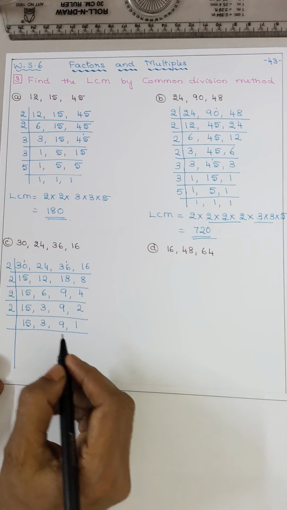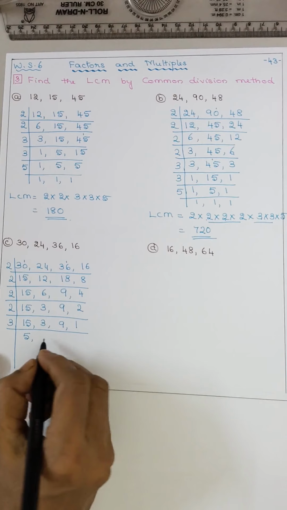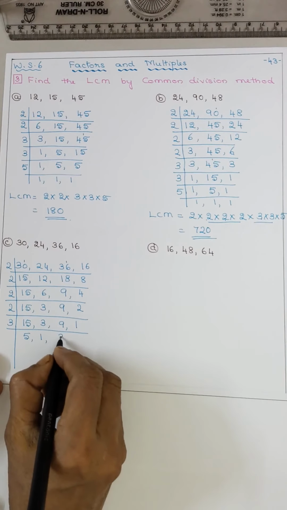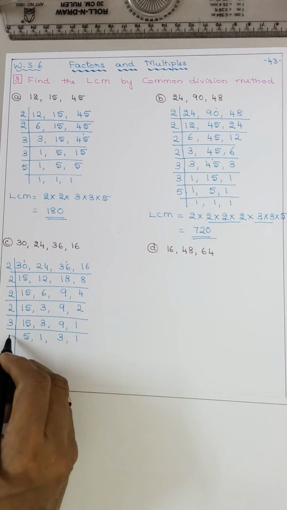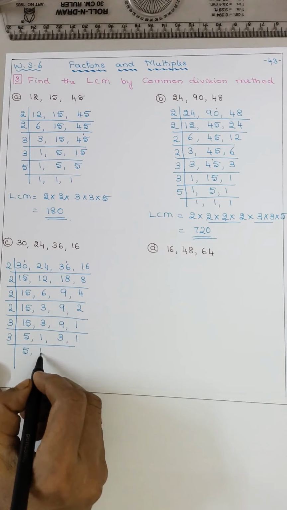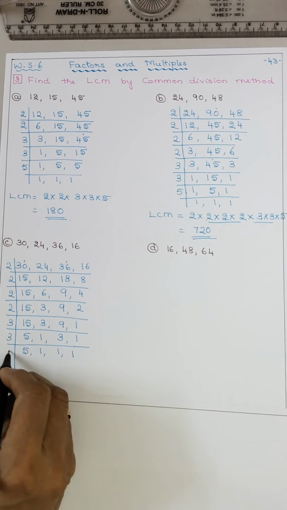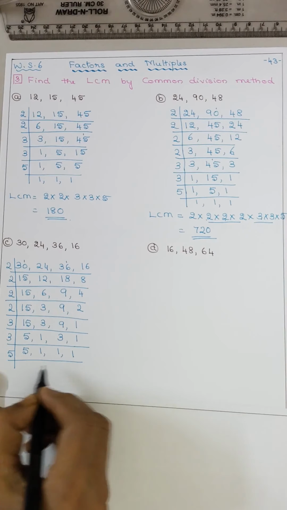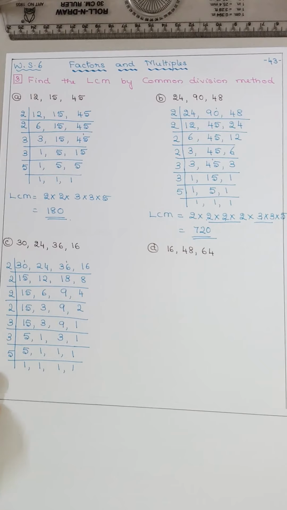Now 3. 3 5s are 15, 3 1s are 3, 3 3s are 9, 1. Now again 3 is there, 3, 5 as it is, 1, 3 1s are 3, 1. Now 5, 5 1s are 5, 1, 1, 1. Understood?